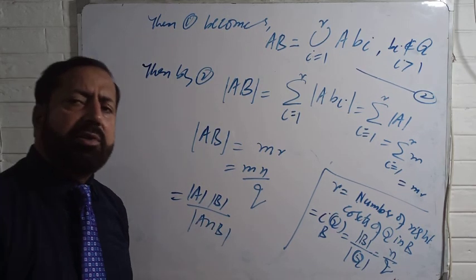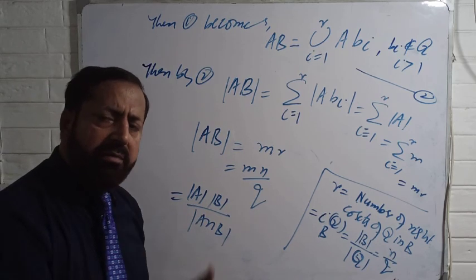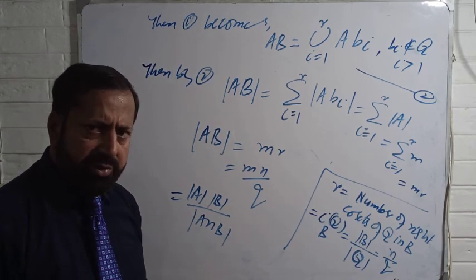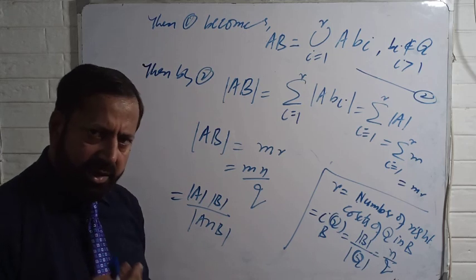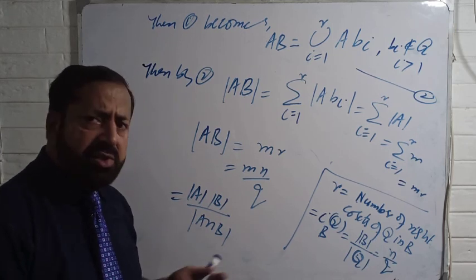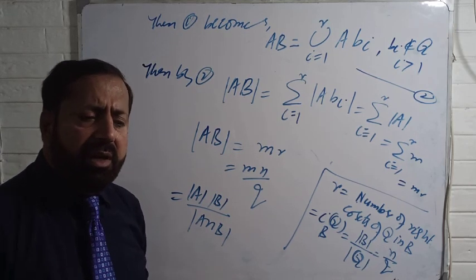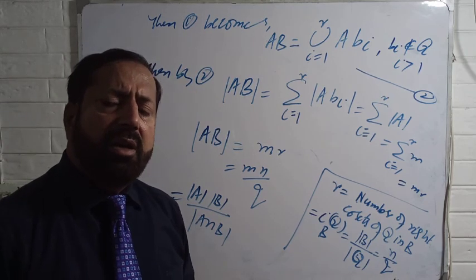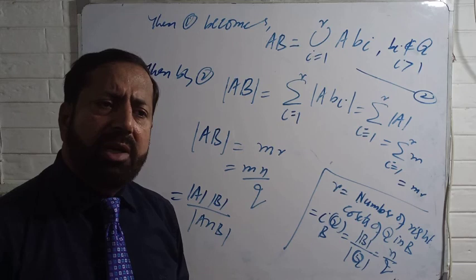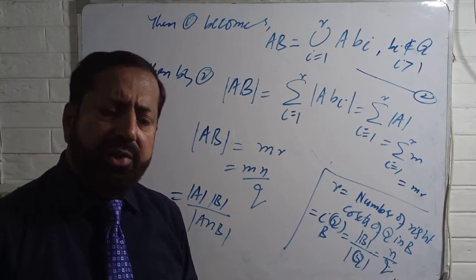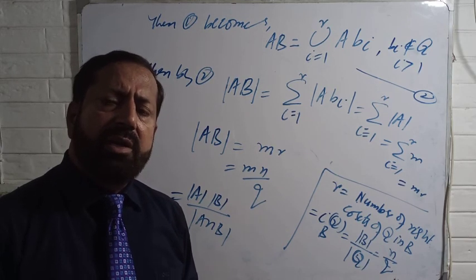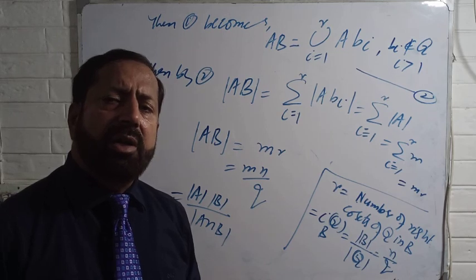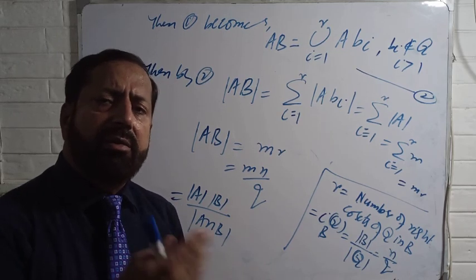We have established the result again with the help of an alternative approach using the idea of cosets. This is so simple. Firstly, we have taken the right cosets of Q in B. Then by using the idea of a partition into all possible right cosets of Q in B, you can write B as their union.